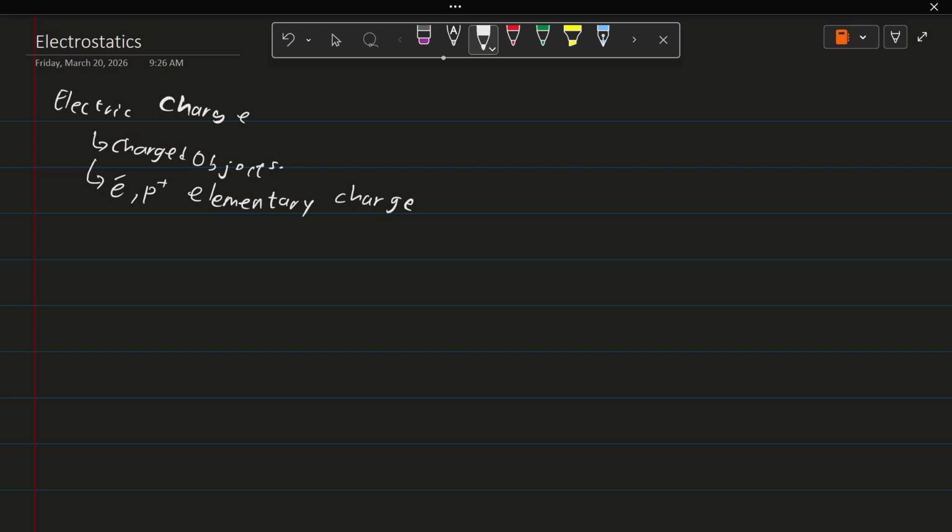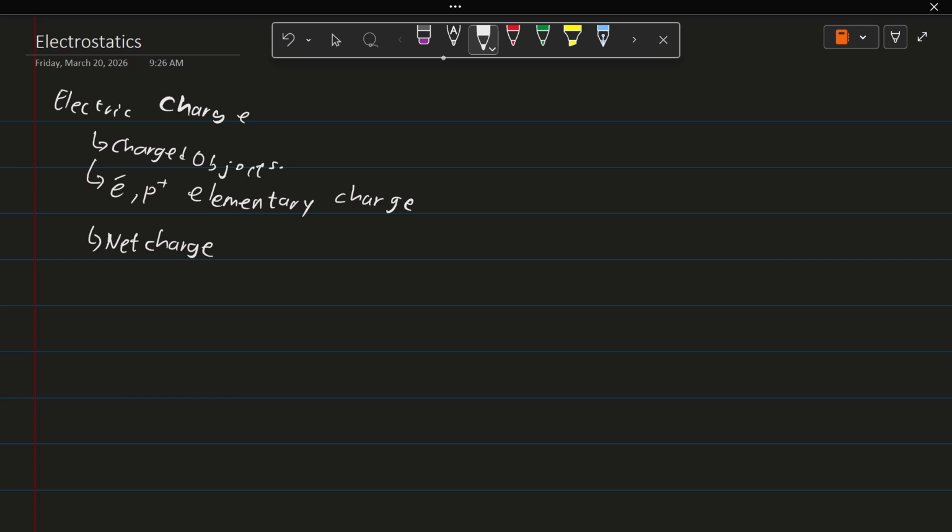And if we observe this on the big scale, we don't care about how many protons or how many electrons each object has, but what the net charge is instead. So you could just sum up the negative charge and the positive charge, and it will pretty much constitute the charge of the entire object.